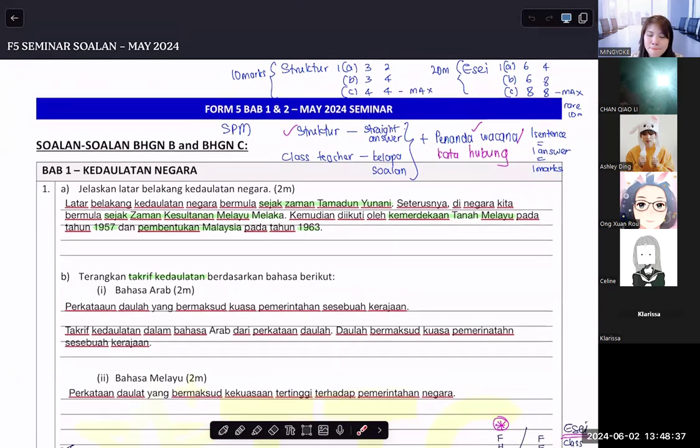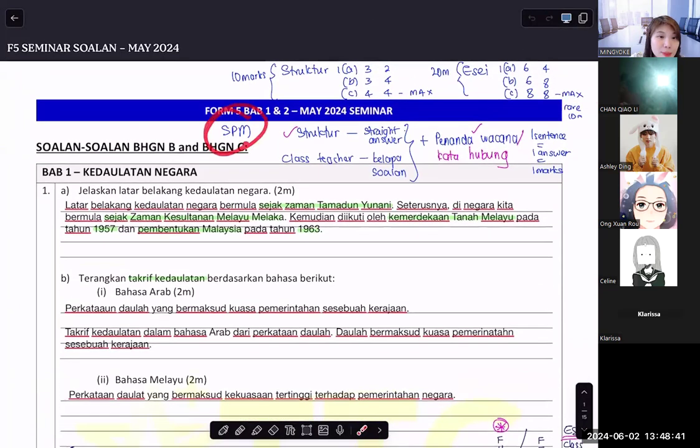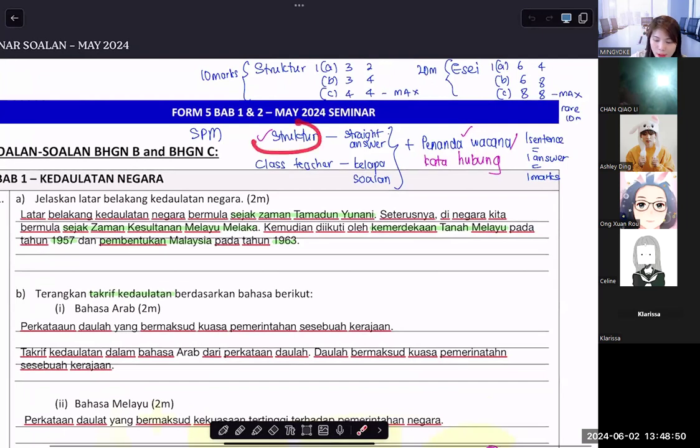All right. So under this case, in SPM standard answering technique, for structure question, to be honest, SPM standard answering technique is straight answer. Straight answer.